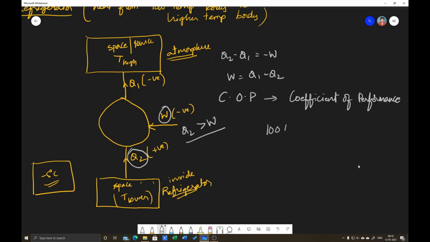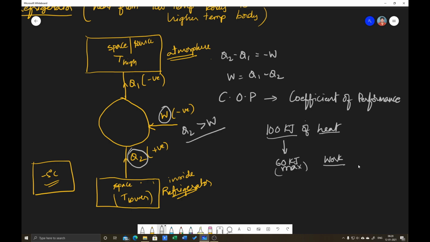As you know, in a heat engine, suppose there is 100 kilojoules of heat, you can convert it into work only up to some extent, like 60 kilojoules maximum. From Kelvin-Planck statement, you can never convert 100 kilojoules of heat into work.